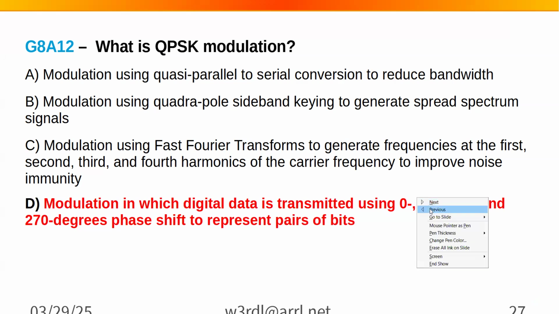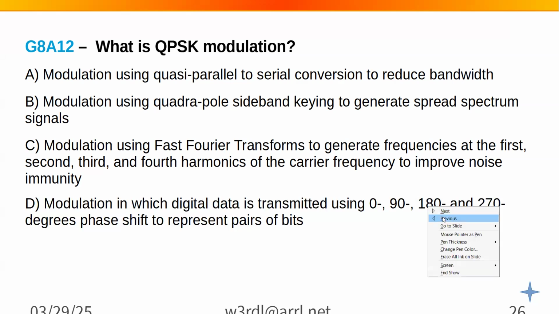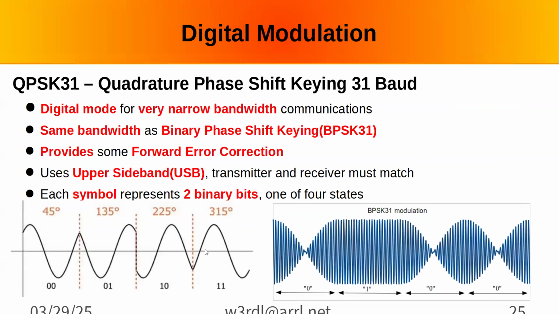Well, let's go back, because they're showing 0 to 45. The difference between these is 90 degrees. So it actually doesn't matter whether you start at 0 or 5 or 10, as long as there are 90-degree differences between them.